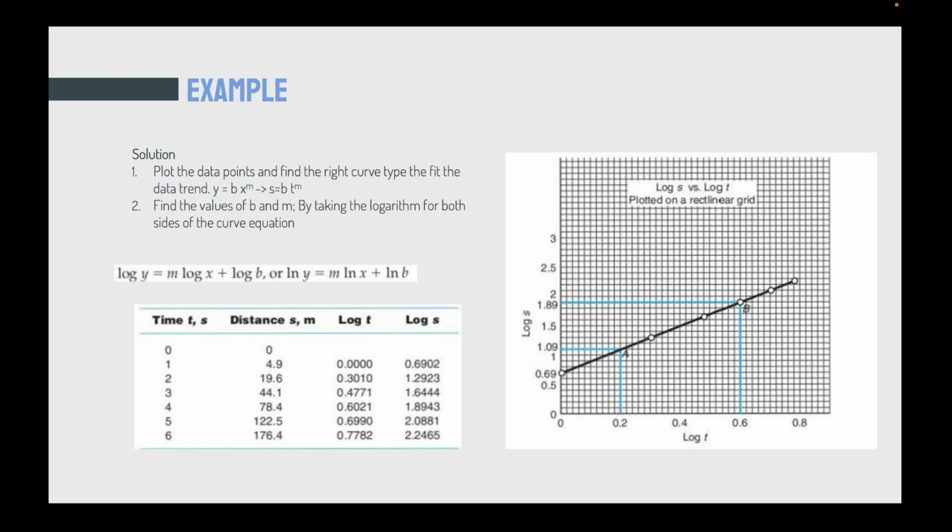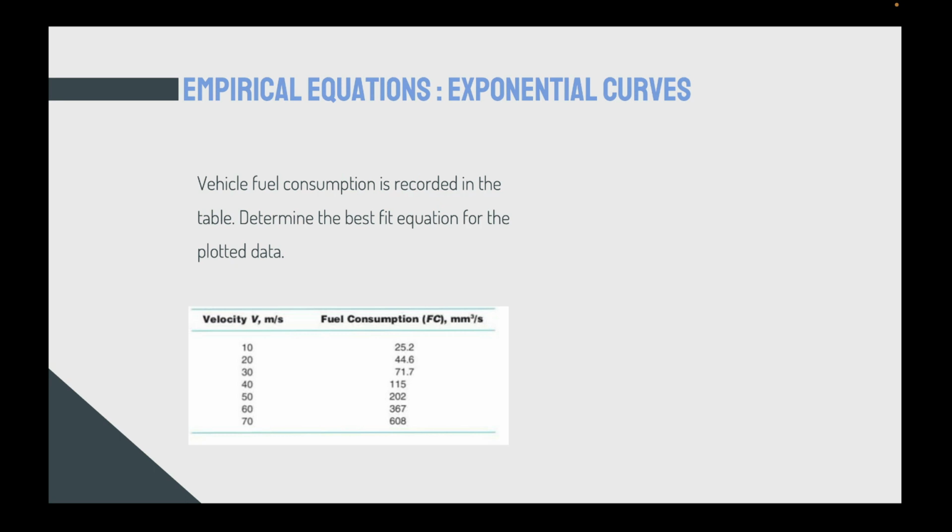Then there is the log paper. It will look like this. You can see on the Excel it's going 0, 0.2, 0.4, even on the x-axis, but in the y, it goes 0.69, then 1.09, 1.5, 2, 2.5. It's not even. You can imagine the squares being squeezed, getting closer together. That would be a log paper. Then the semilog is the same but slightly different. Let me find it for you.